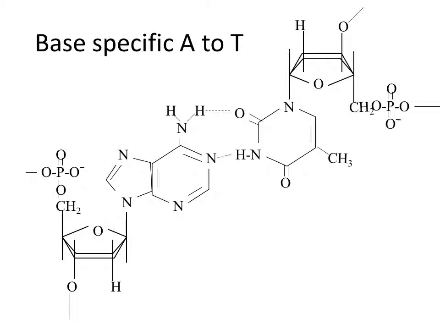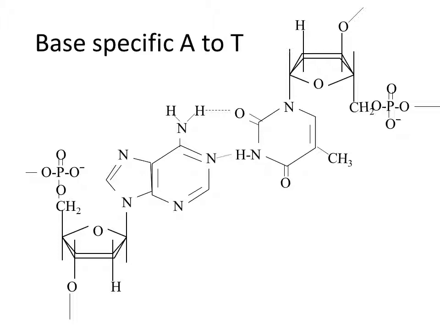This is a picture of adenine hydrogen bonding to thymine, and you can see there are two hydrogen bonds there. There's an amino group at the top of the adenine that is hydrogen bonding to the carbonyl in the thymine, and you can see the hydrogen attached to the nitrogen on the thymine is hydrogen bonding to the nitrogen in the ring of adenine.